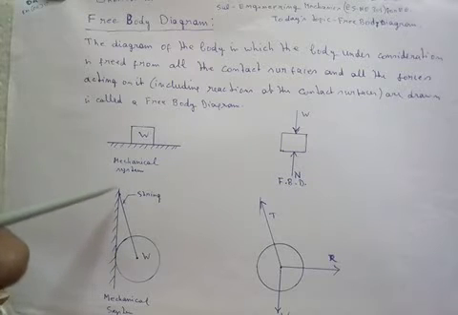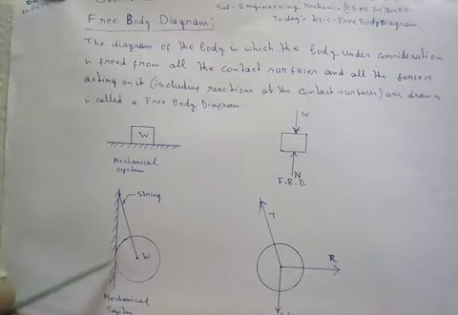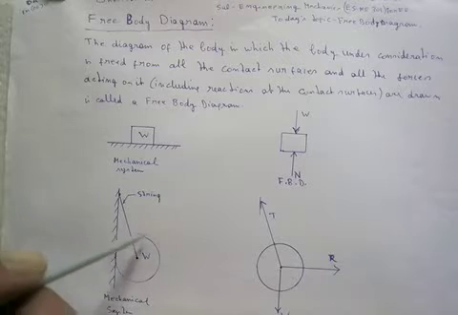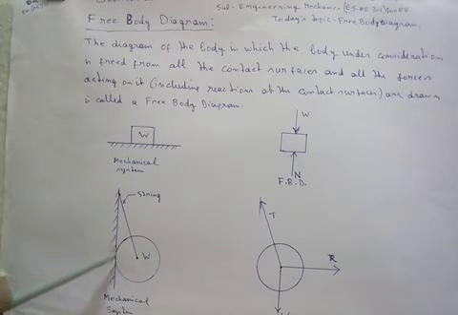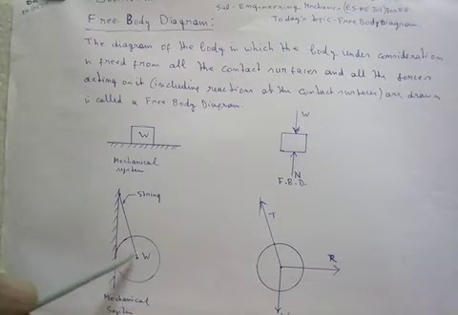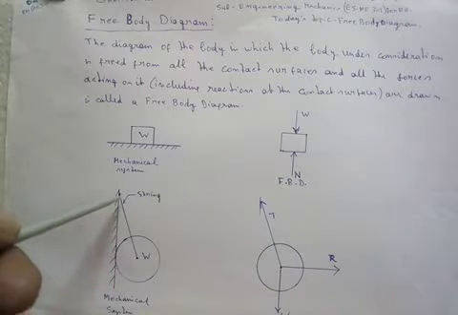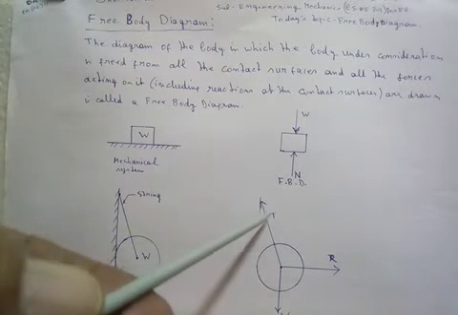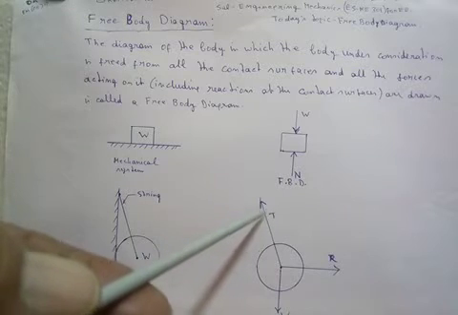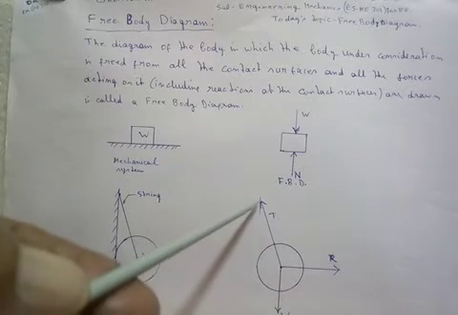And the string is attached to this ball, to this roller, so it is not allowing the roller to fall. So there is a tension in the string, in this direction obviously. So a tension T has been shown in this direction.